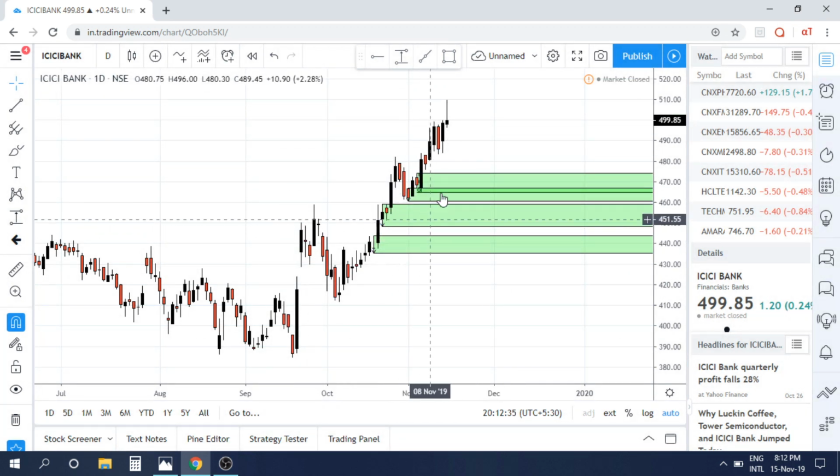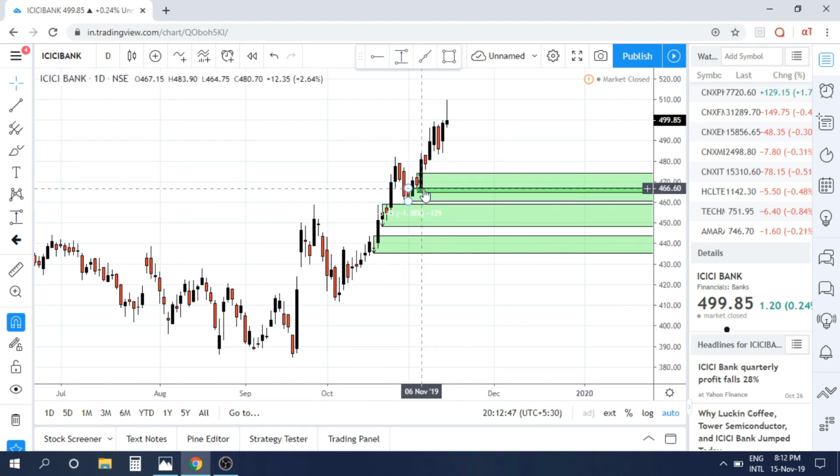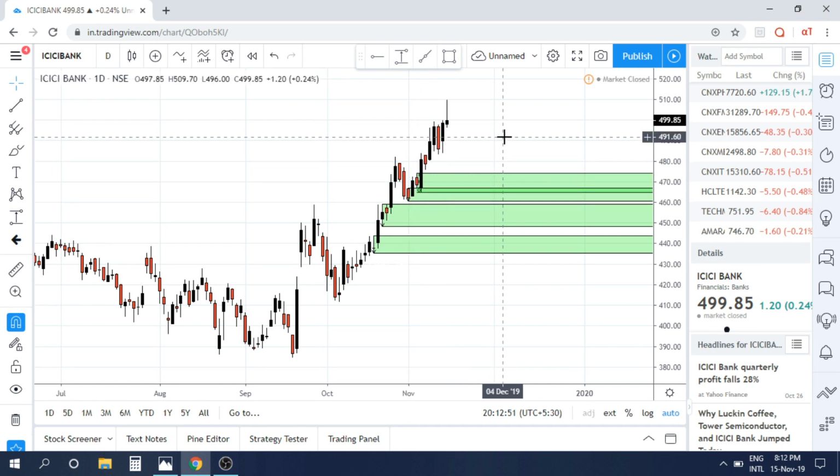And in zones like this, where we have two zones very close to each other, it is often probable that the major stack of orders could be either on the lower zone or on the upper zone, right? We can never be sure exactly where the majority of the stack of pending orders is lying.